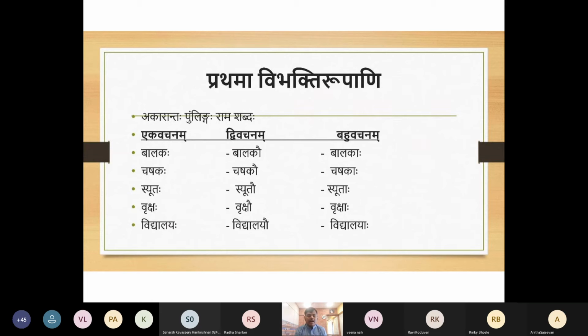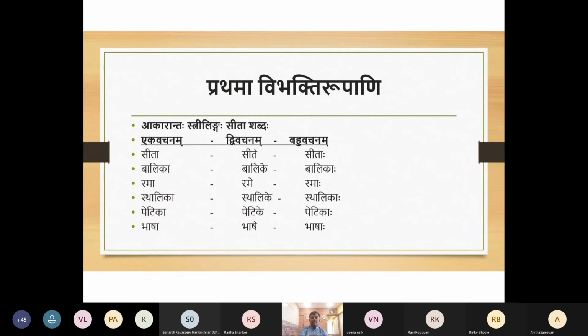These are all Akaranta Pullinga Shabdas. The easiest of all the seven Vibhaktis is the Prathama Vibhakti. So that is the subject itself, not object. I've used the word object, it is wrong terminology. The subject itself is the Prathama Vibhakti.